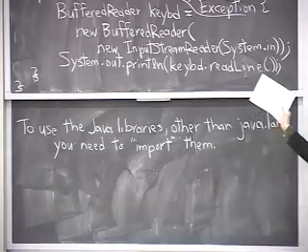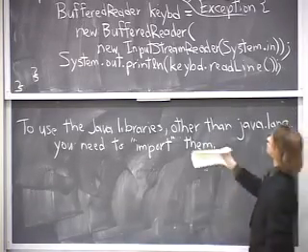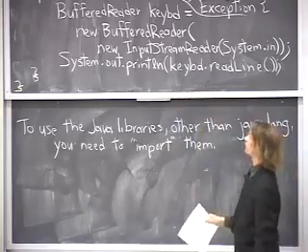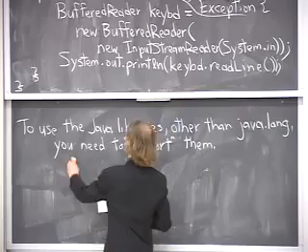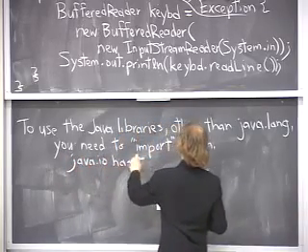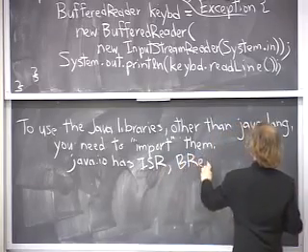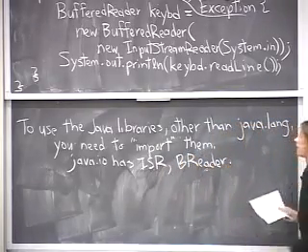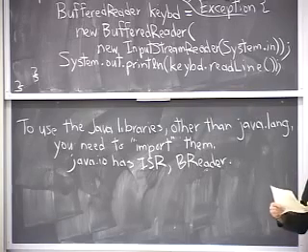Now here we are importing java.io because it includes the input stream reader and the buffered reader classes. So that's what the first line's all about.